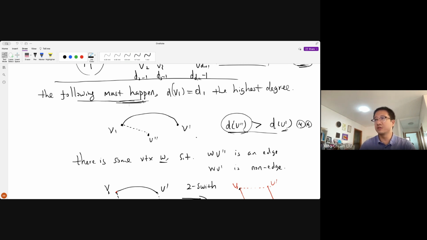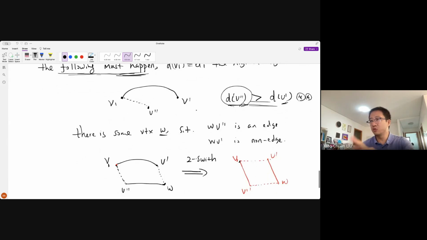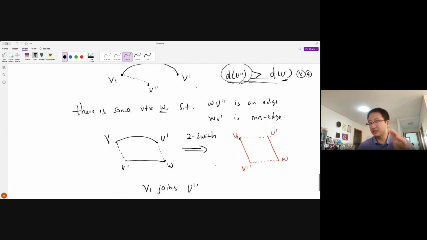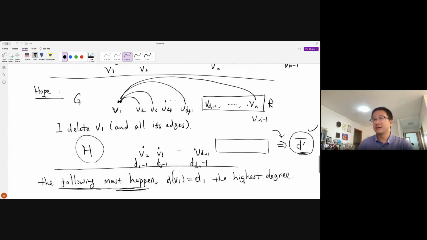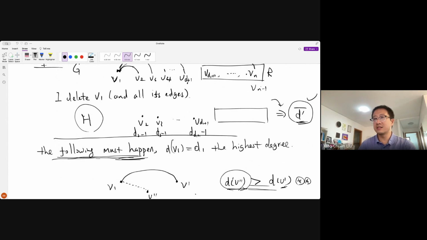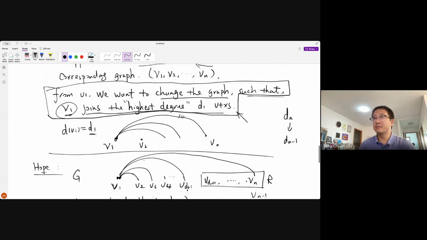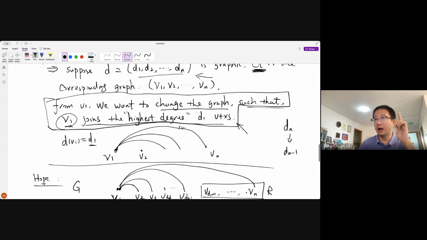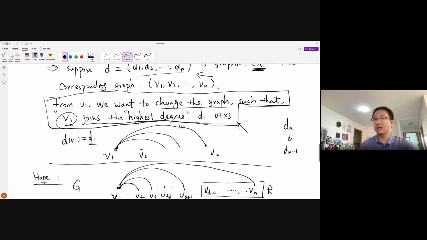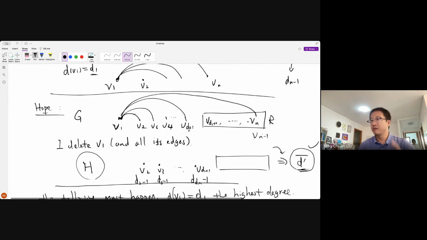So every time we find this, we do this two switch. Here I do it a little quickly; later you can think it through in more detail, okay? And then one day you cannot do anything because this does not happen. When this does not happen, it means that V1 joins all the highest degree vertices, and then you can safely delete V1 to get H, which has D prime bar as its degree sequence.